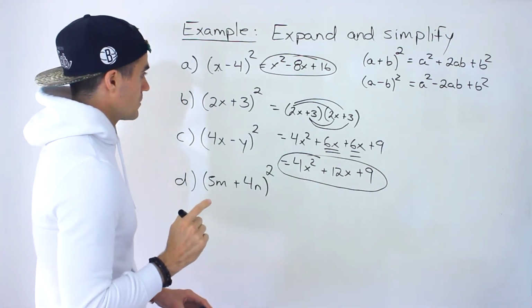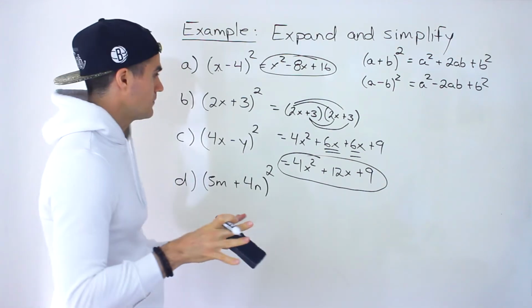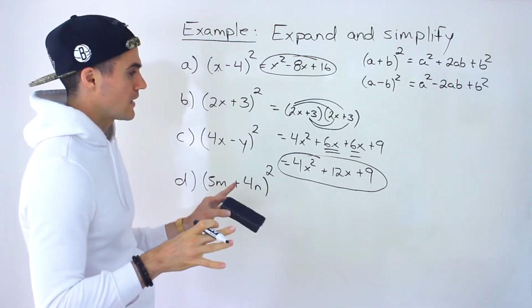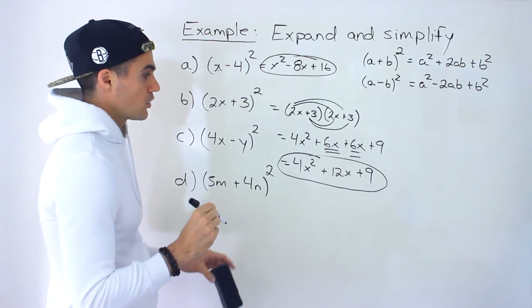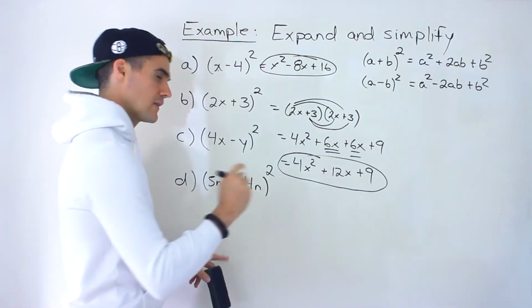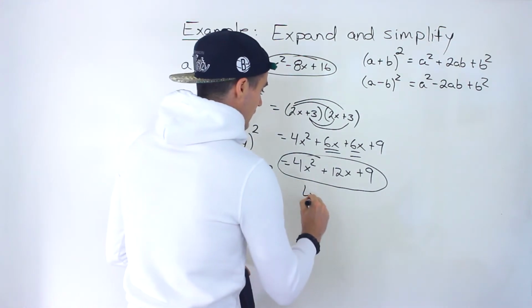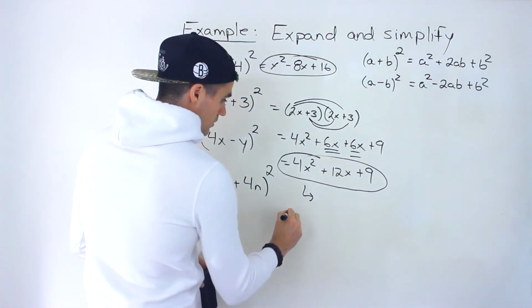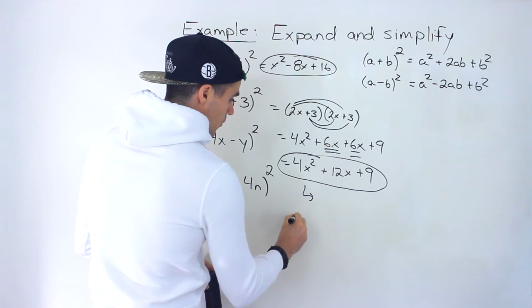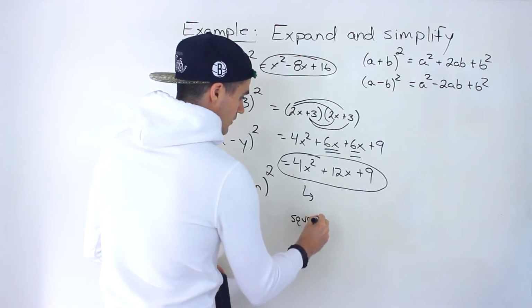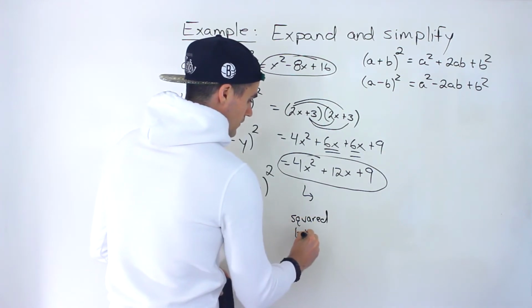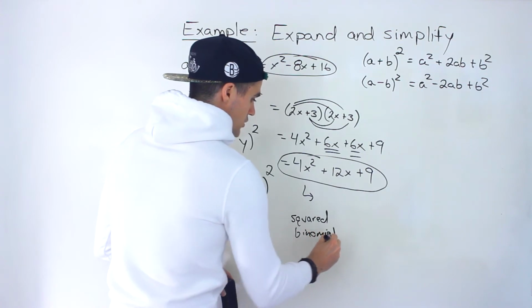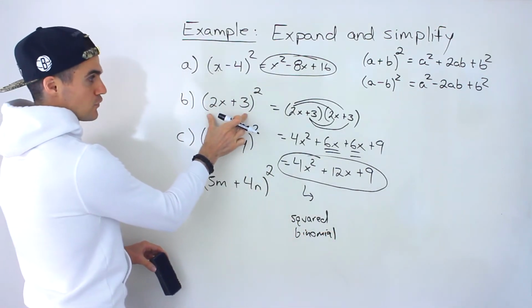Also, one more thing I want to mention in terms of terminology. Another term you may see come up is something called a perfect square trinomial, and that's going to be mentioned more once we get into factoring. But basically what we're doing is taking a squared binomial, which is when it's in this kind of format over here, right?